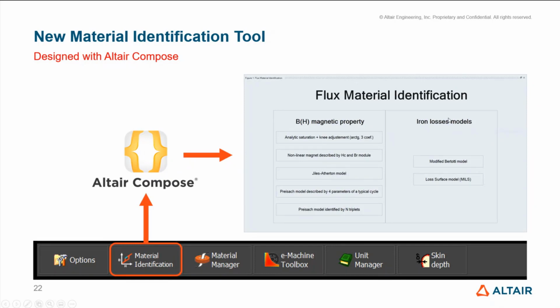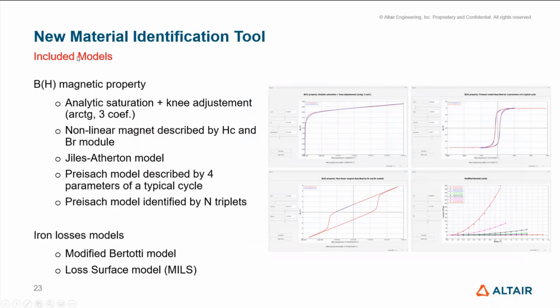Here is the interface of the Flux material identification tool. And nowadays, several models are already included in this identification tool. For example, the analytical saturation plus the new adjustment, the classical one, and then it also supports the Jiles-Atherton method and also the PySec method.